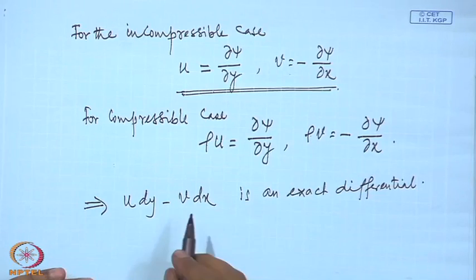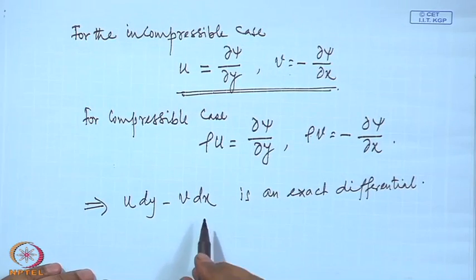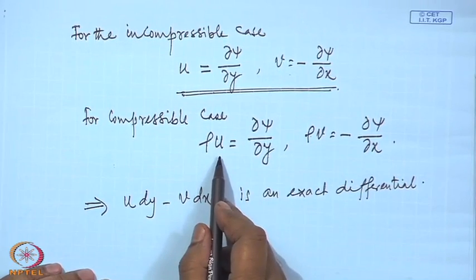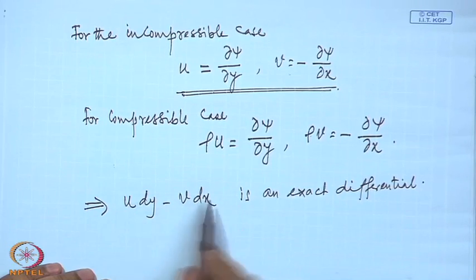And that can be written as delta psi. If you want to make it for compressible, again simply replace u by rho u, v by rho v, that will do, nothing additional.